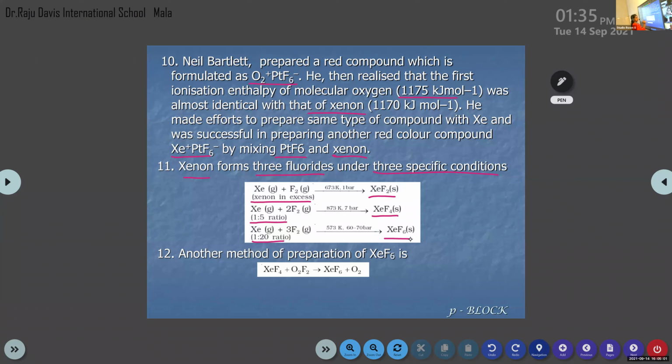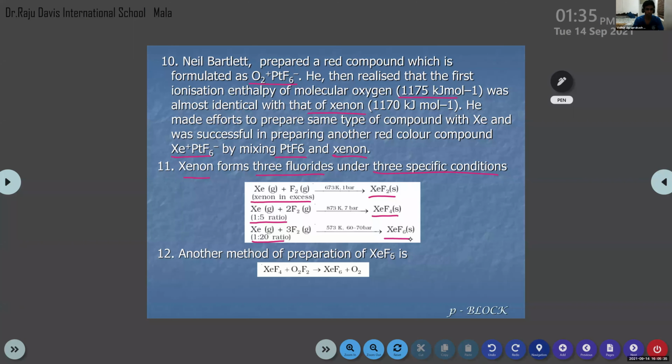Here also the temperature and pressure change: 573 Kelvin, then 60 to 70 bar pressure. So depending upon specific conditions, the product obtained will be different. The same reagents are used, xenon and fluorine, but the conditions for each reaction are different. Clear? This is clear, children? Yes or no?